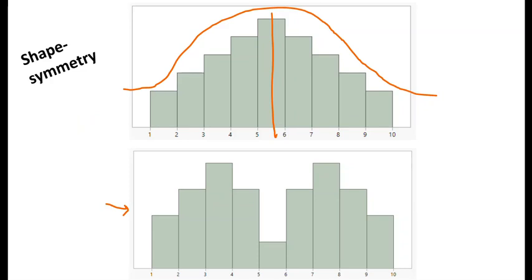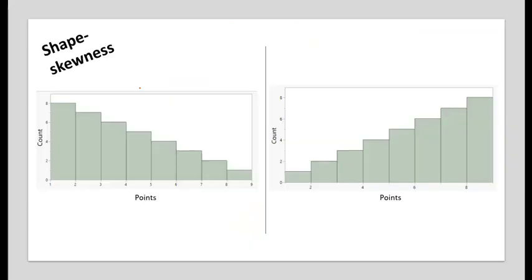All right. The next characteristic of the shape aspect is skewness. Skewness basically tells us that fewer observations occur as we head towards the right side or the positive side.